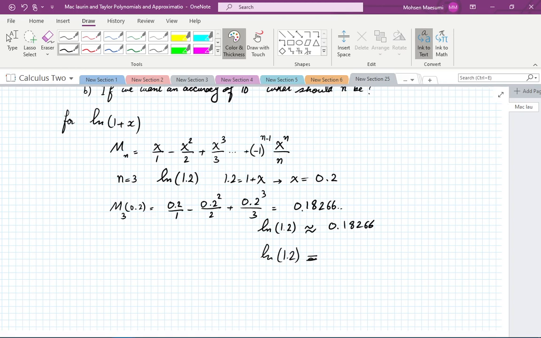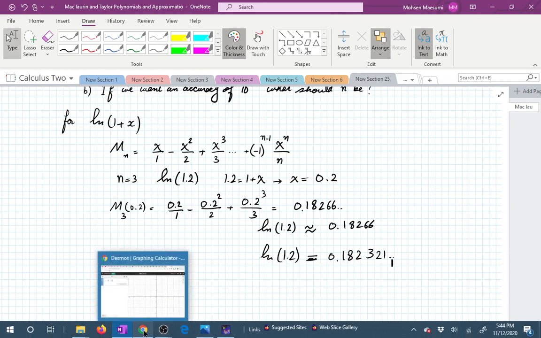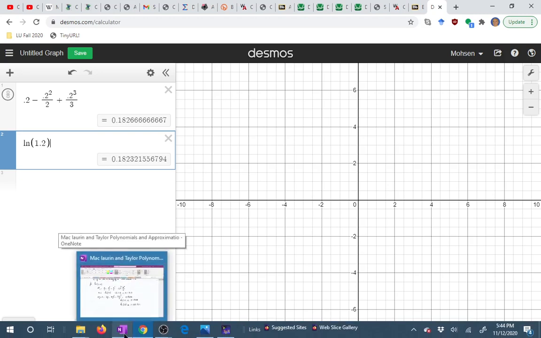My calculator says 0.182321 and so on. And by the way, if you don't have your calculator available to you, you can always come and use this one. So ln of 1.2. It gives me a couple more digits than my calculator does, actually 2 extra digits.